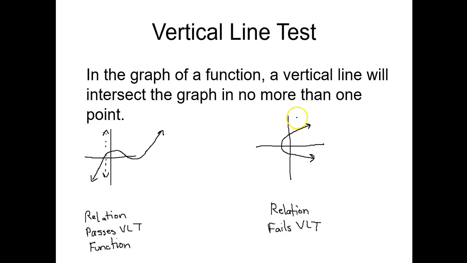Because like right here, a vertical line crosses 2 points at a time. A vertical line can only cross no more than 1 point at a time, but after you hit the vertex here, from then on, a vertical line crosses 2 points at a time in that graph. So this is not a function.